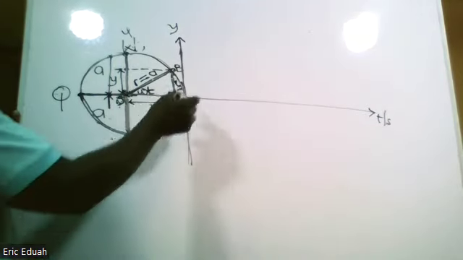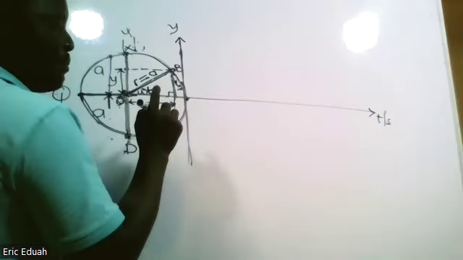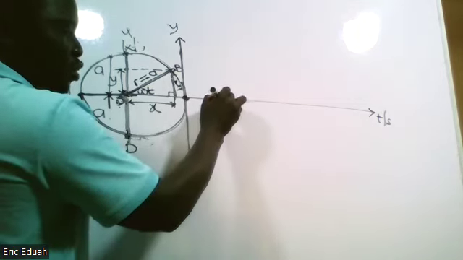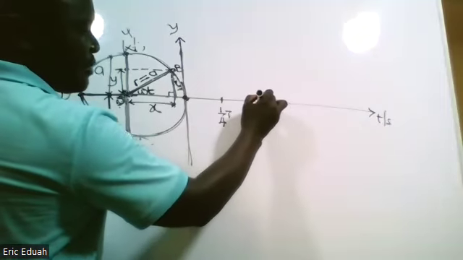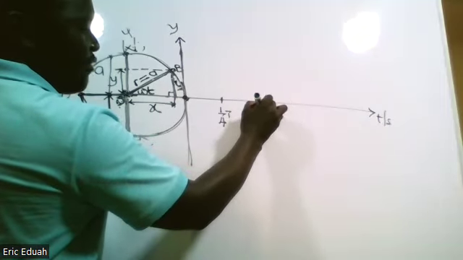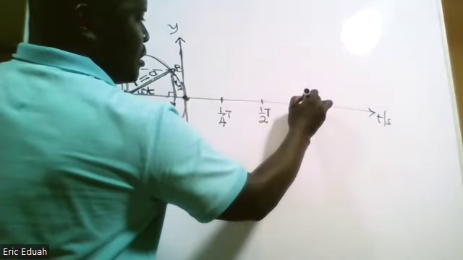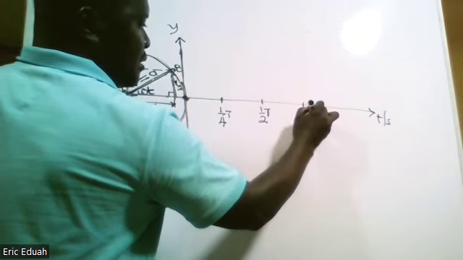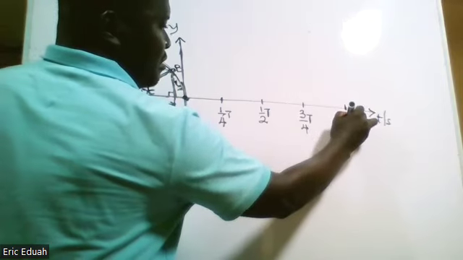Now, the time taken to make a complete revolution is a period. But a complete revolution is made up of 4 equal parts. So, quarter of the period, half of the period, 3/4 of the period, and then T.